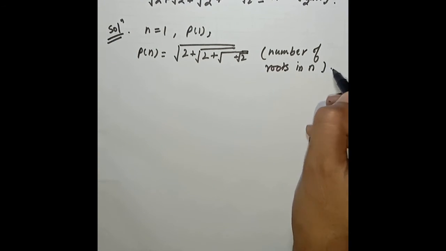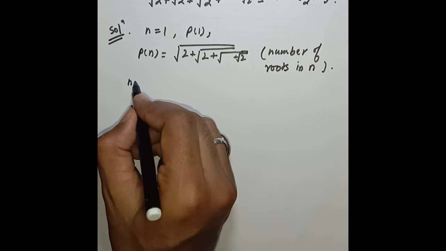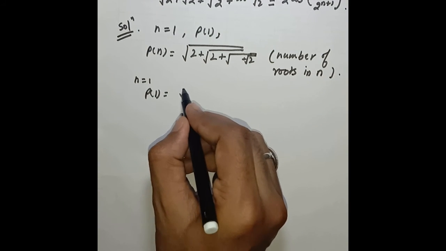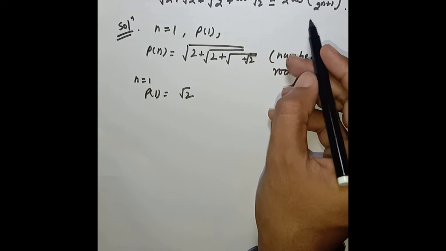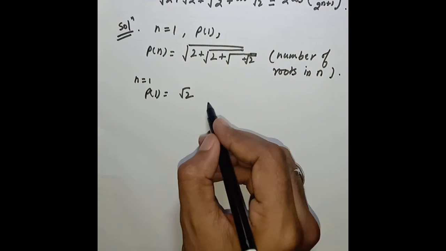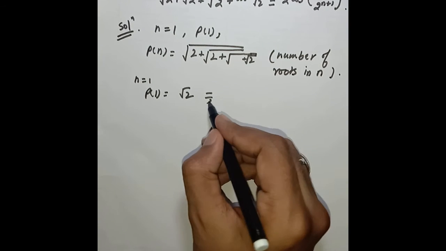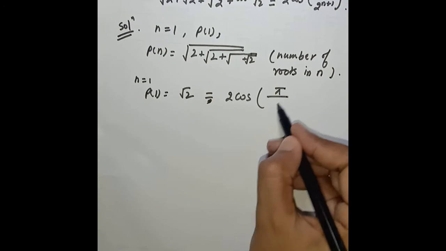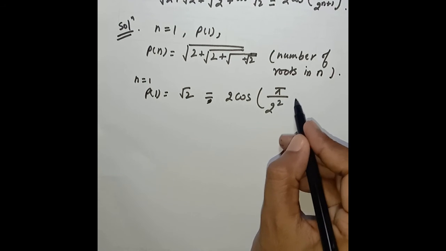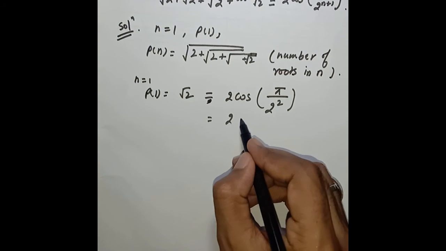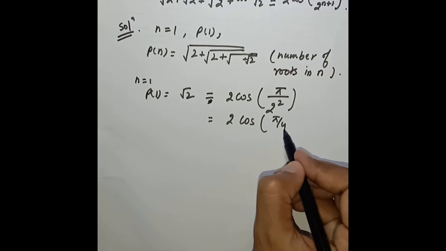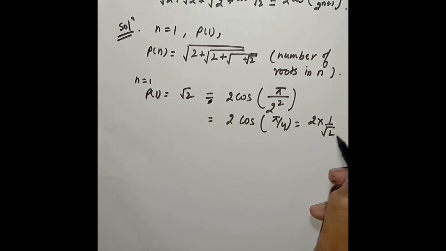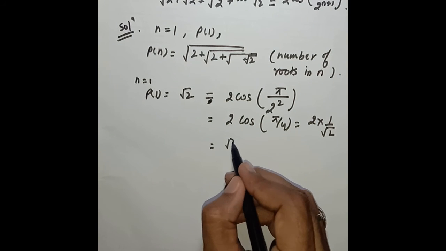For n is equal to 1, P1 is equal to under root 2, and the right hand side is 2 cos pi over 2 to the power 2, that is 2 cos pi by 4, 2 into 1 upon under root 2, that is equal to under root 2.